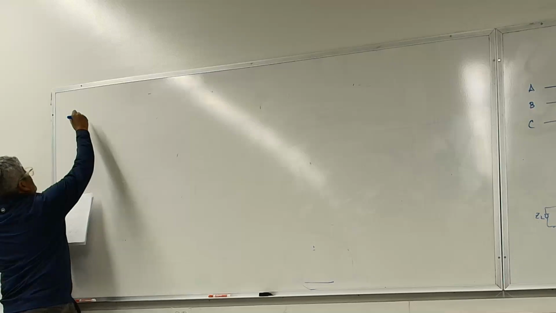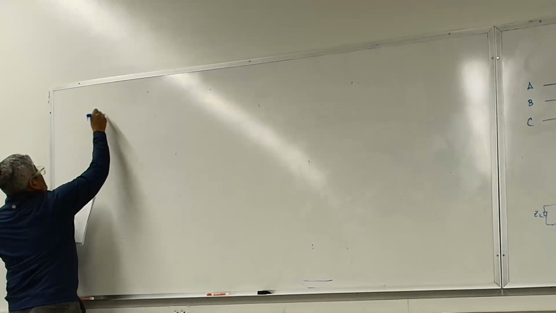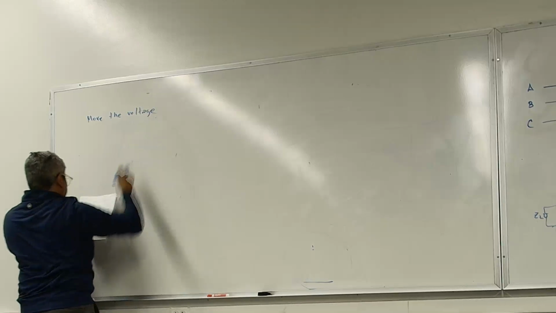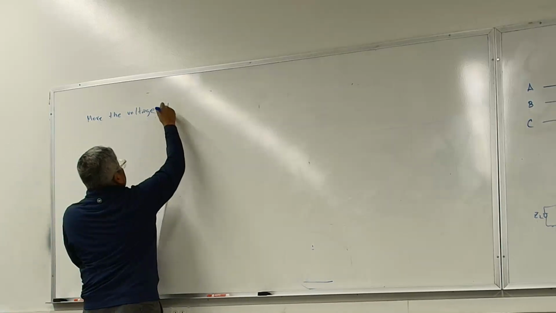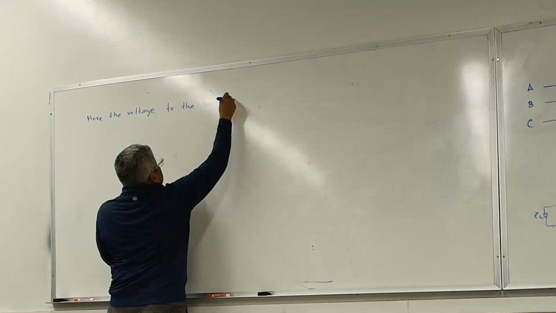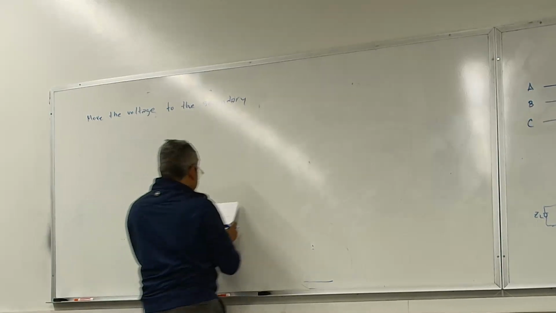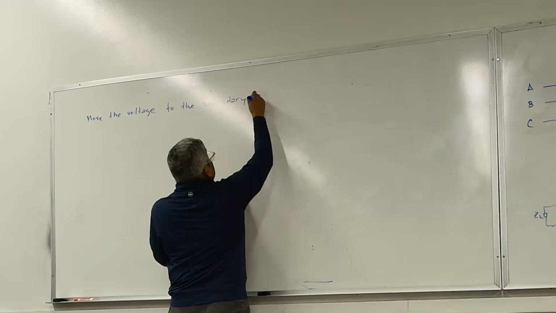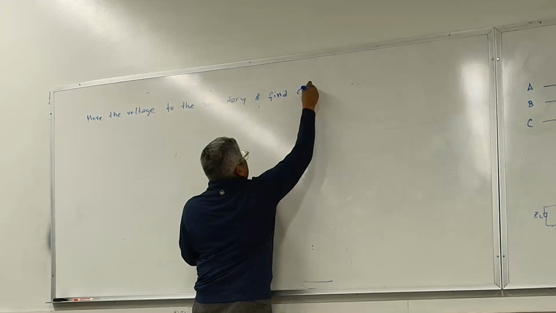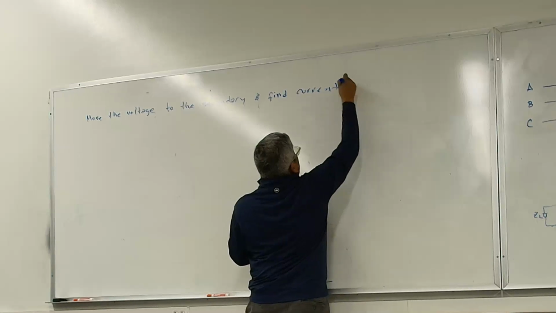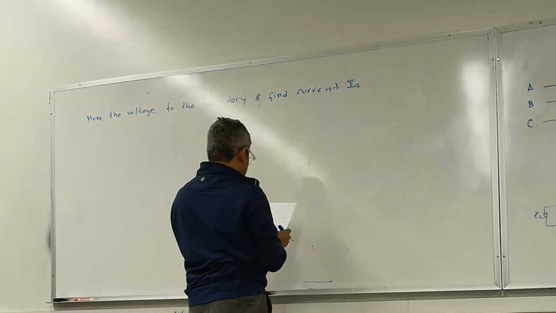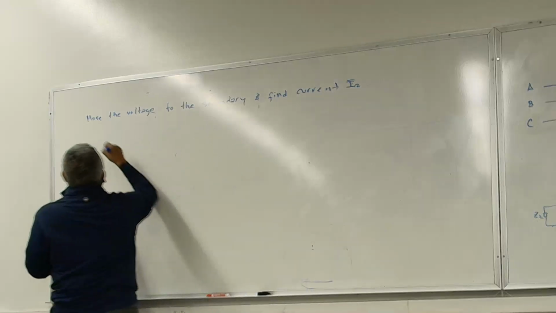So next is move the voltage to the secondary and find current I2.